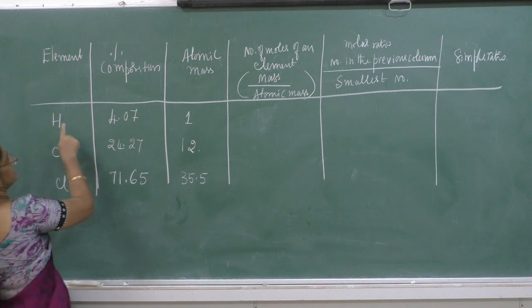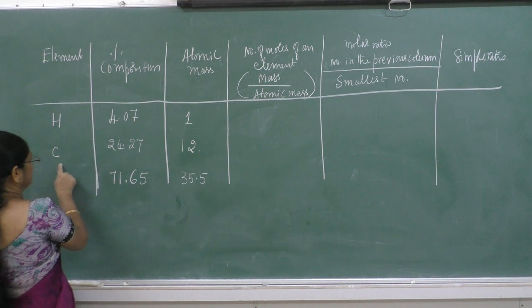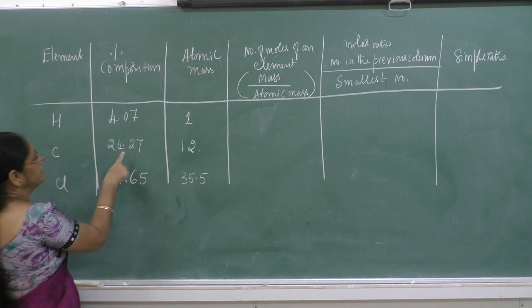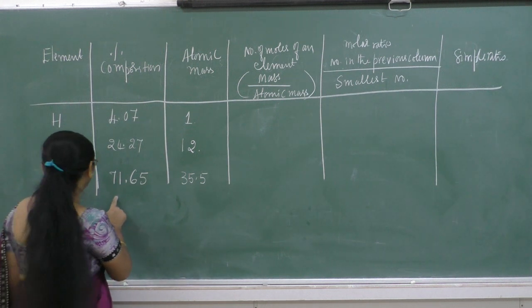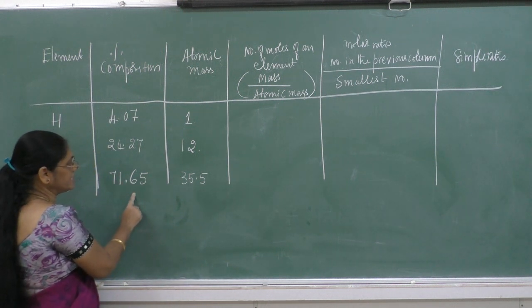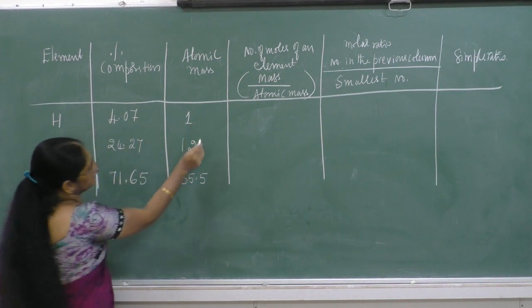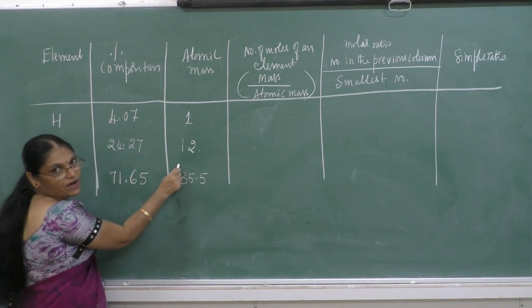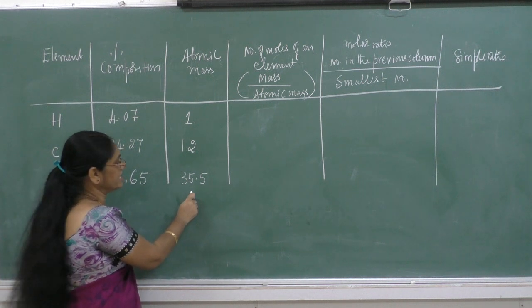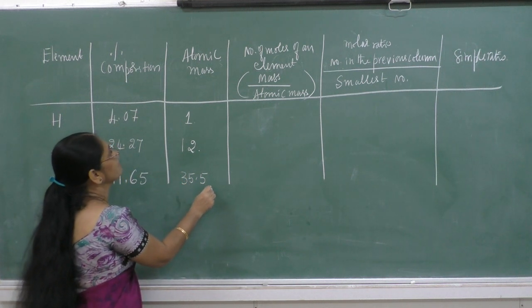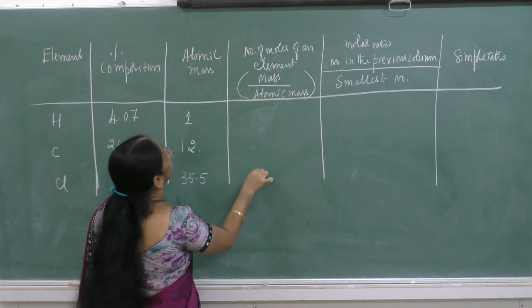The percentage mass of hydrogen is 4.07, carbon is 24.27, and chlorine is 71.65. So what is the operation to be done in the fourth column?